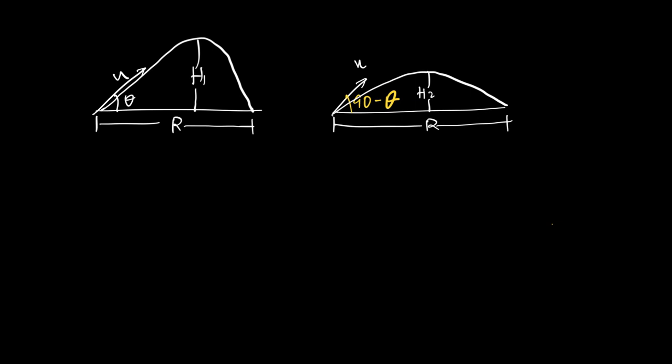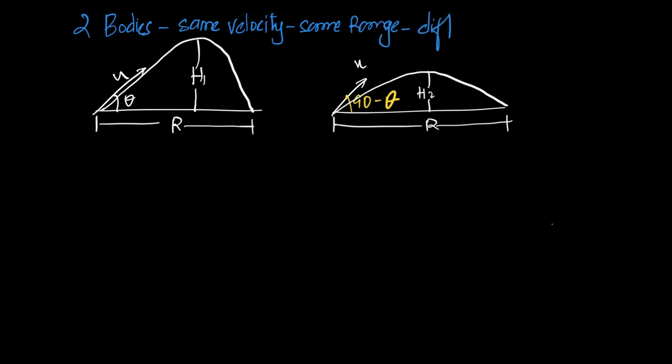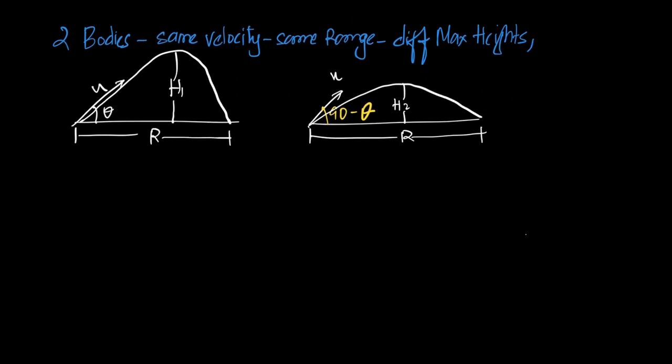So we're talking about two bodies projected with the same velocity, having the same range, but having different maximum heights, and angles theta and 90 minus theta respectively.